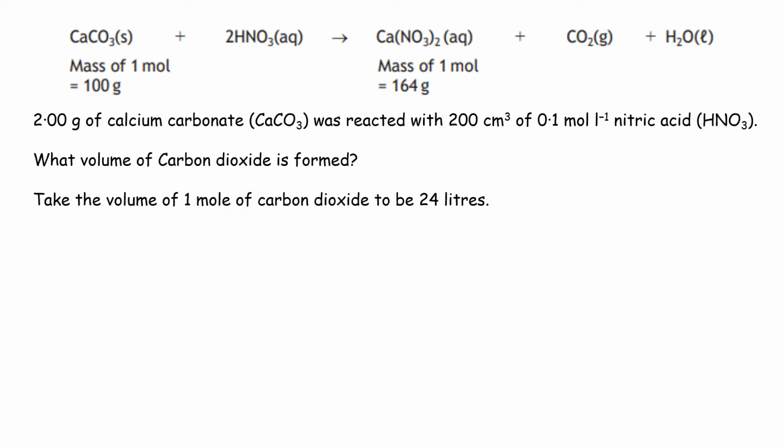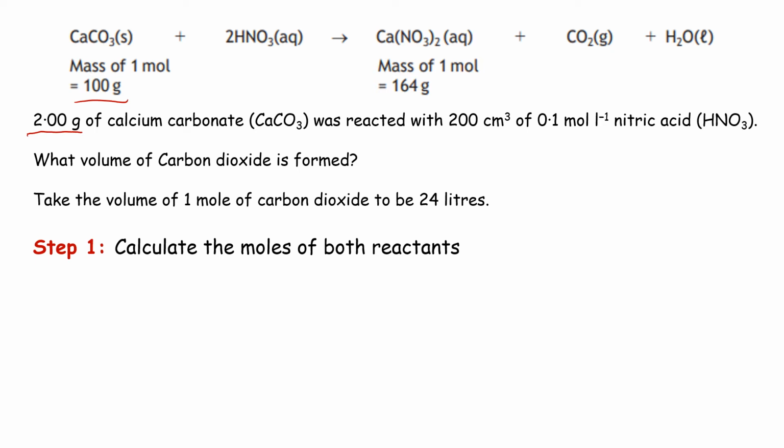So for our worked example here, we are going to look at calcium carbonate reacting with nitric acid to produce calcium nitrate, carbon dioxide, and water. In the equation, we've been told that we've got 2 grams of calcium carbonate and we've got 100 grams per mole.